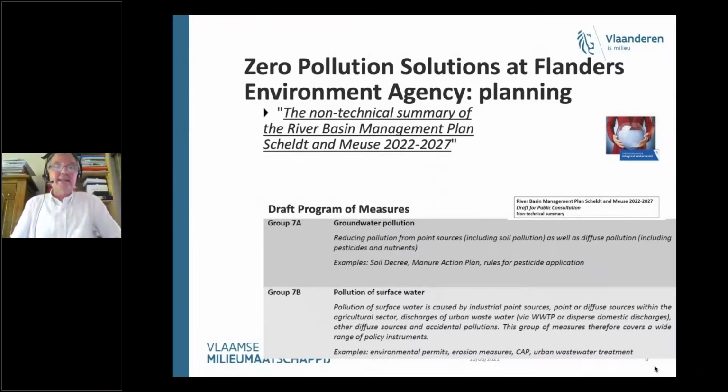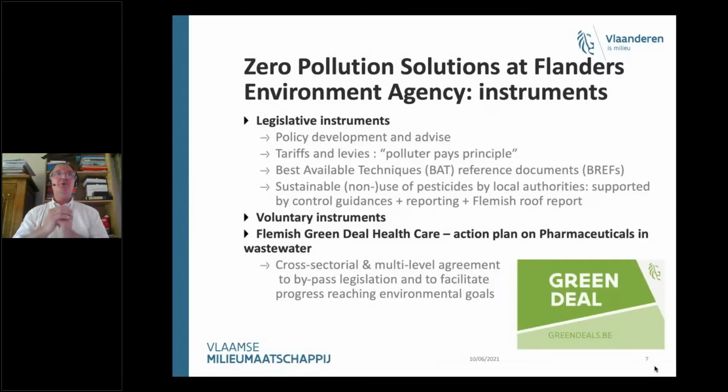And so on the next slide, I give you a flavor of what kind of actions are being put in place at this moment. You see the legislative instruments: the policy development and advice on the permits of different actors. There are the tariffs and levies also, and we try to implement the polluter pays principle.